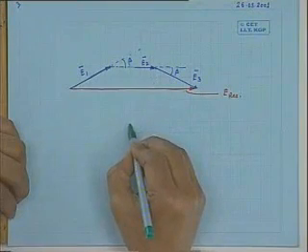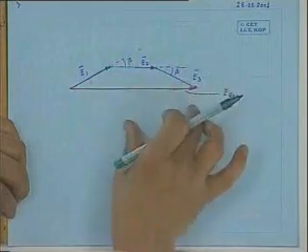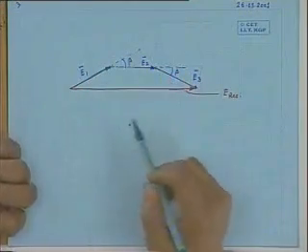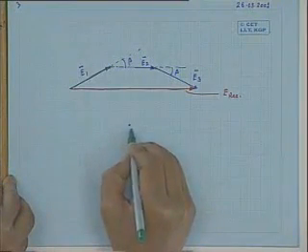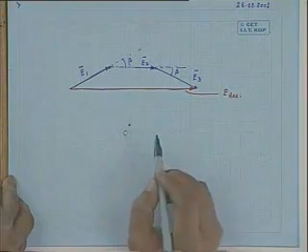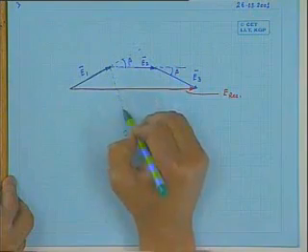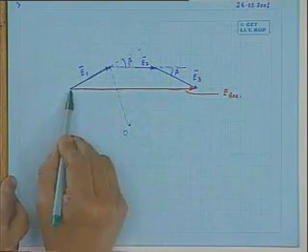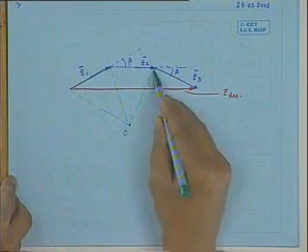Suppose the center of that circle is O here. Now you join these corners with this center.